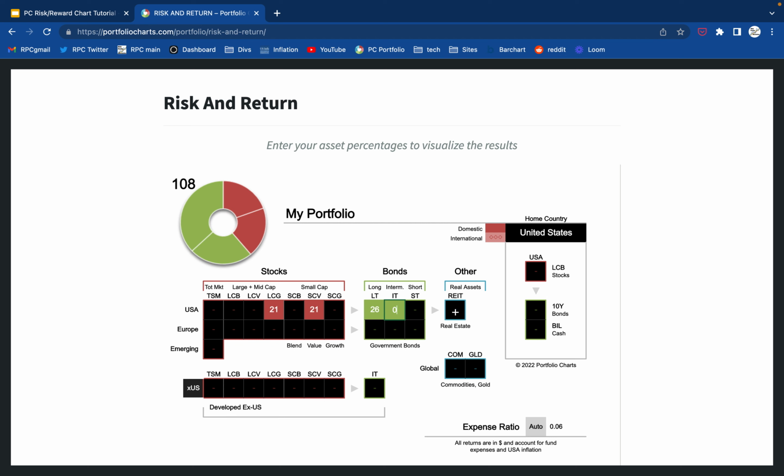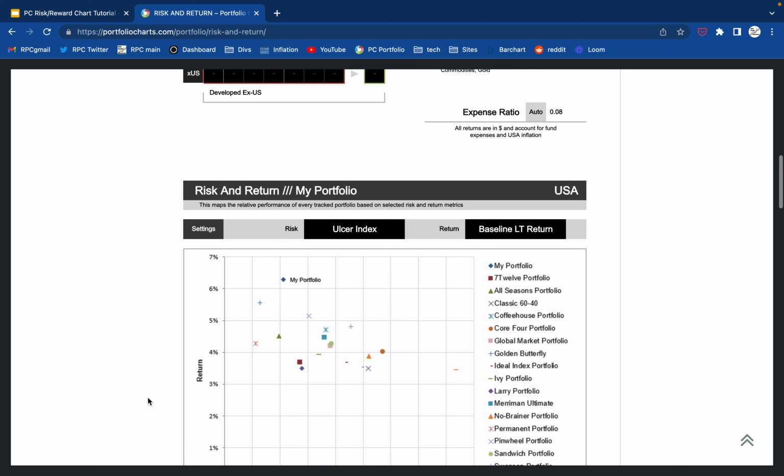Take that down to 0. We have 10% in REITs, 16% in gold, and cash over here is going to be his T-bills, so we're going to put in 6%. All right, so there we go. Adds up to 100%. Now we scroll down, and here we go.